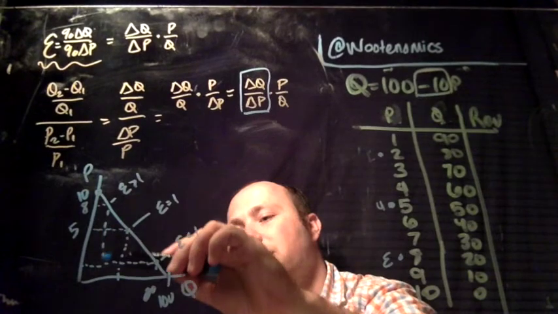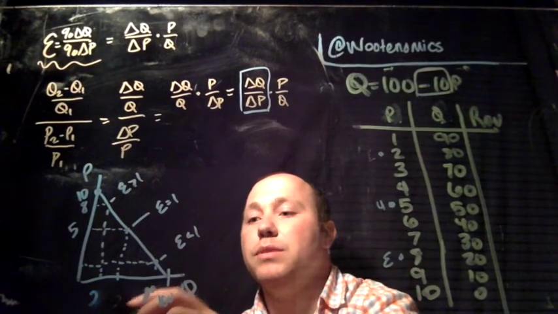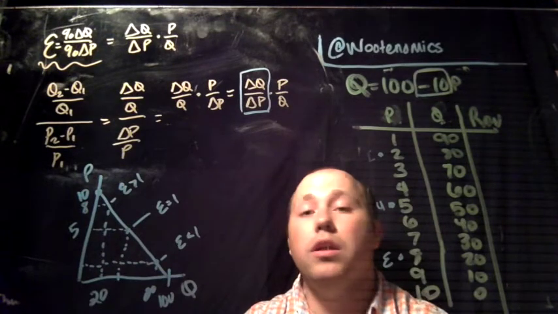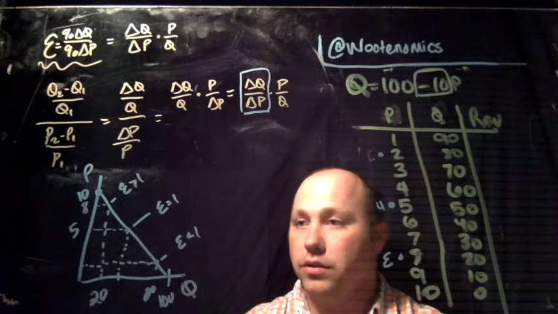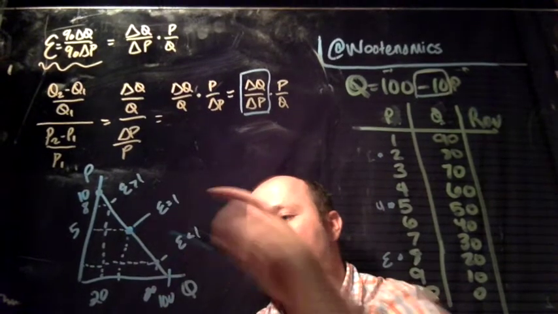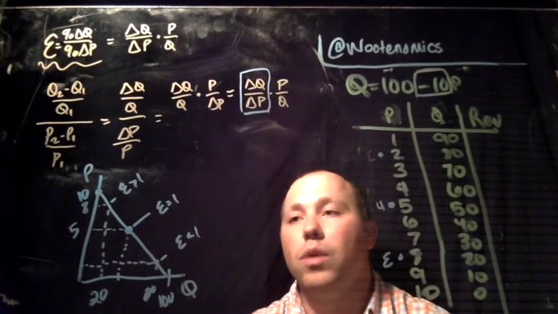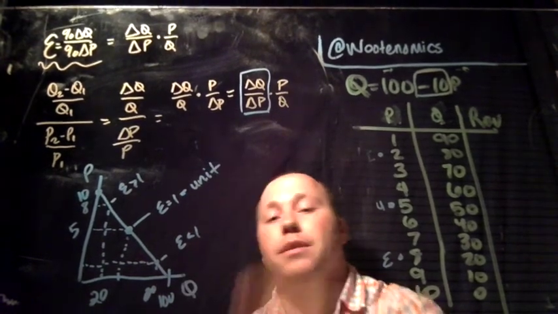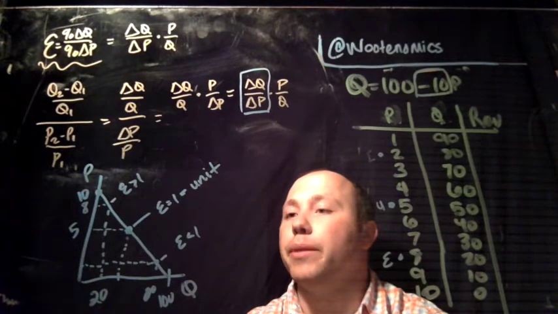We had an elastic region. That relationship is not a coincidence. This is actually common across all linear straight line demand curves. The point right in the middle of every line, as long as it's a straight line, will have an elasticity equal to 1. That's our unit elastic point or unitary elastic point.